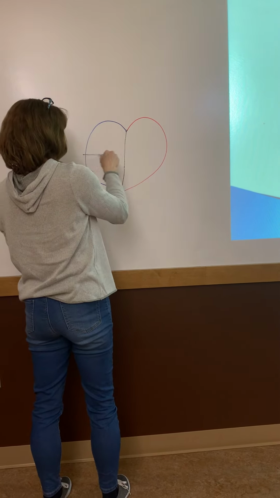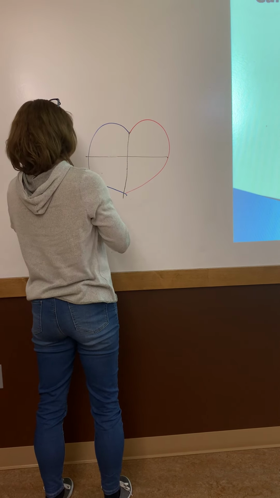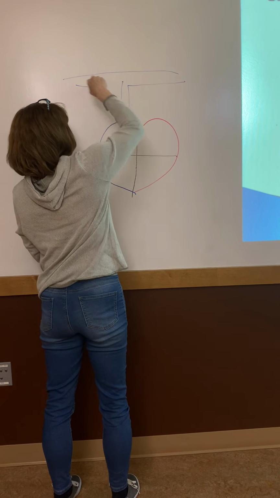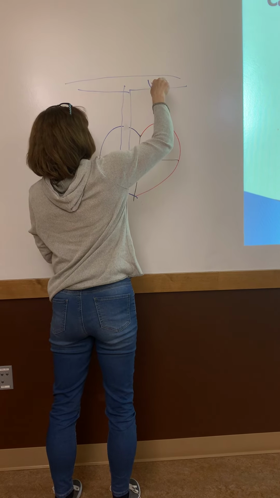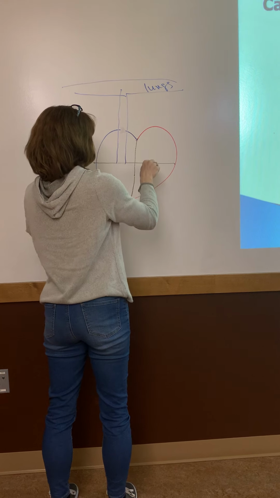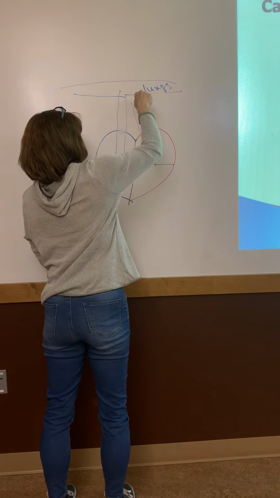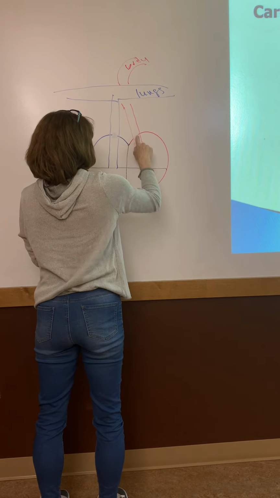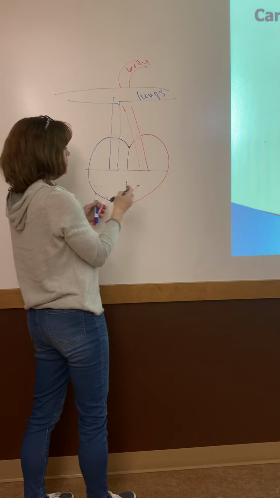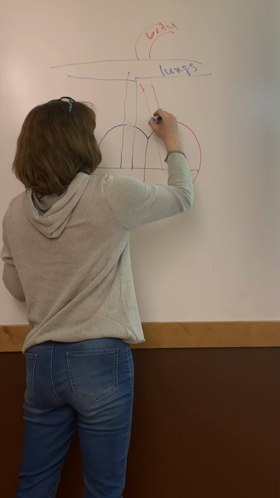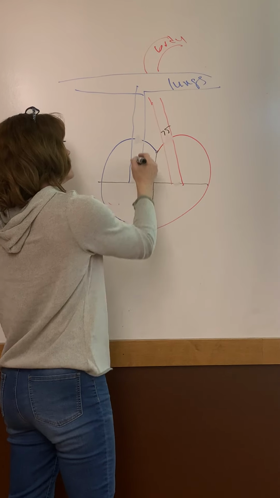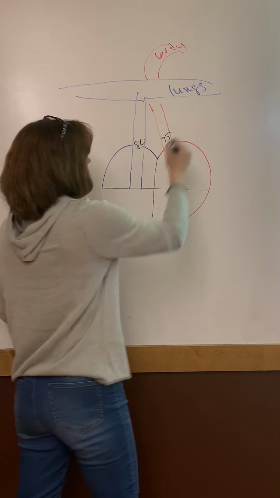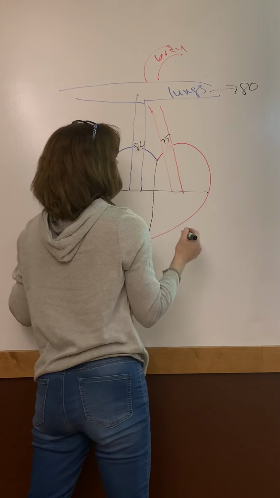So I'm going to send out 75 mils here, but I'm going to send out 80 mils here. Where does the 80 mils go? To the lungs. So we're going to send 80 mils to the lungs.